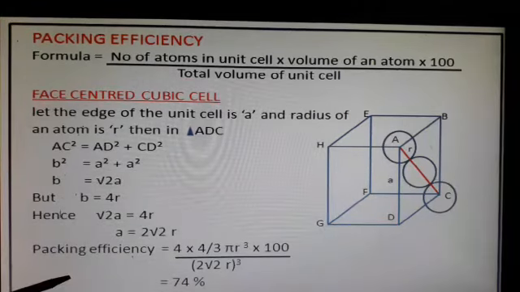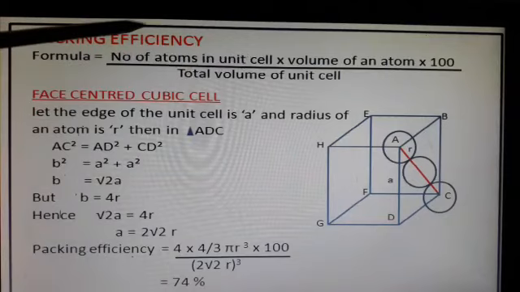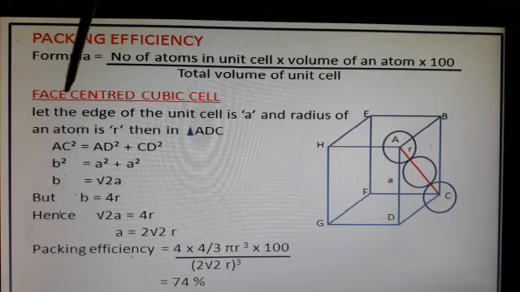So now packing efficiency. Total number of atoms in unit cell, it's an FCC. In my previous video, you understood that short trick to remember the number of atoms in FCC. F means face centered, FCC, F means 4.